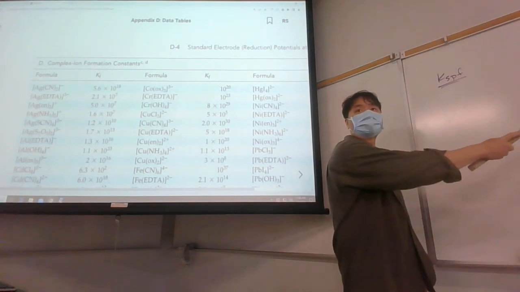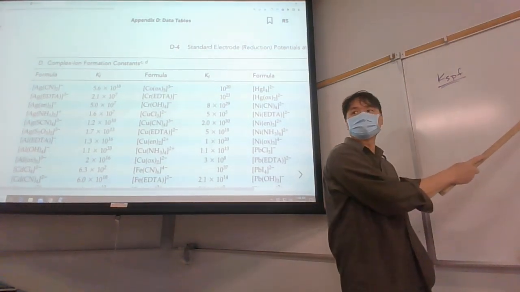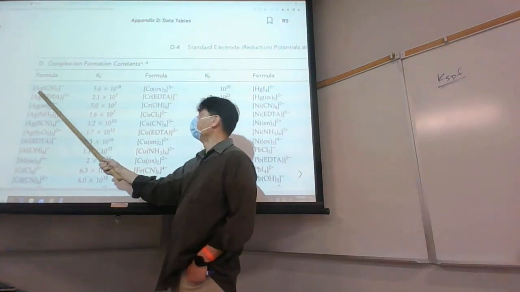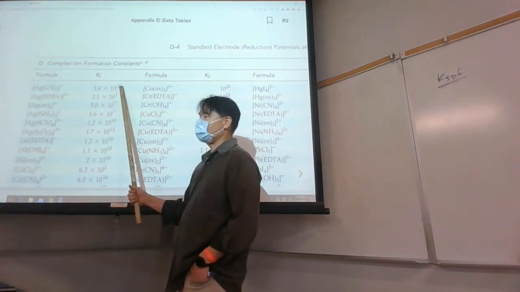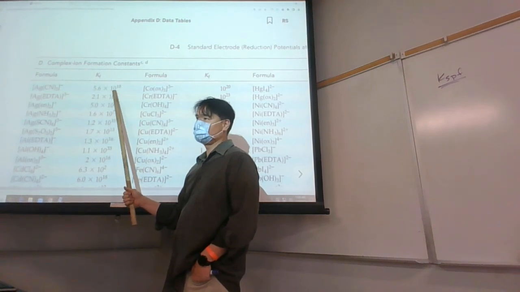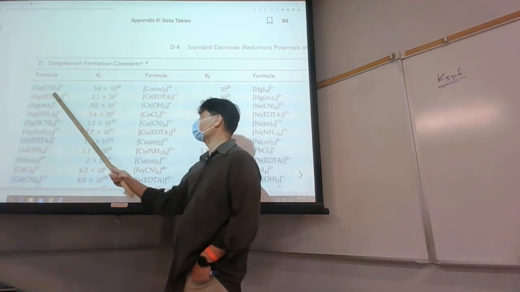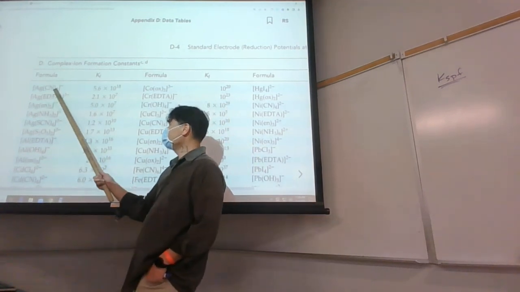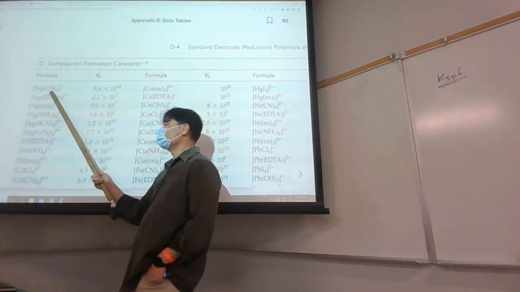It won't attack the chloride. Cyanide will attack the silver to make dicyanoargentate 1. Look at the Kf for this, 10 to the 18. Extremely favorable. And so this should be very effective at removing silver ions. And once they're complexed with cyano ligands, it's very hard to break those off.